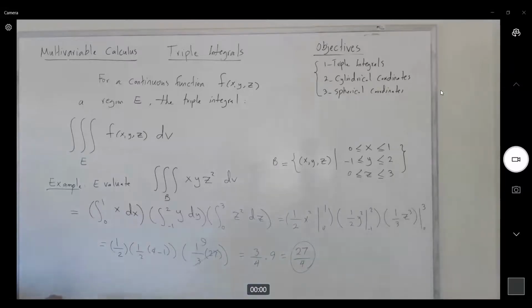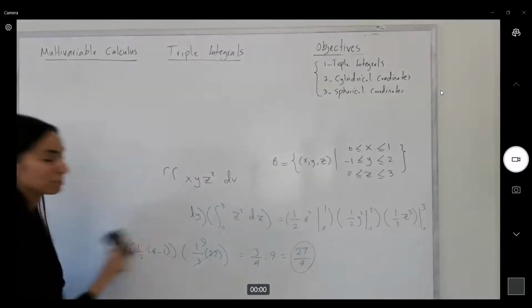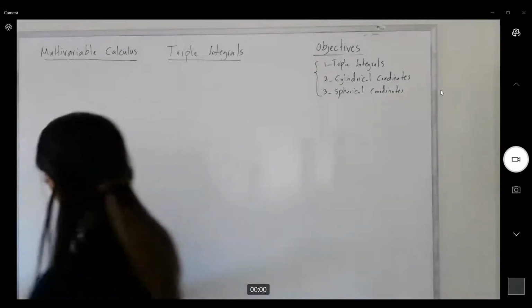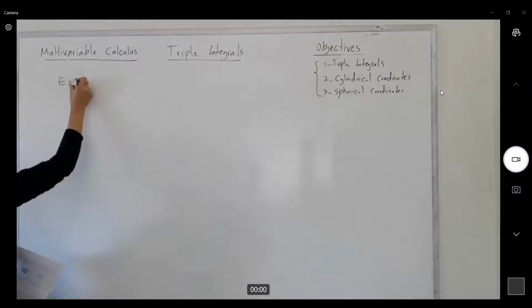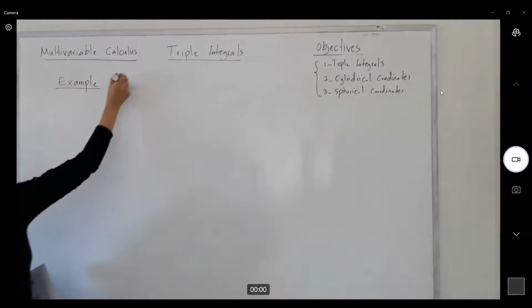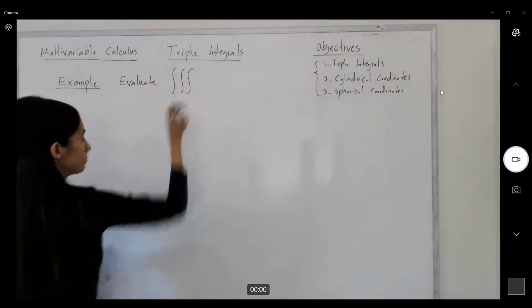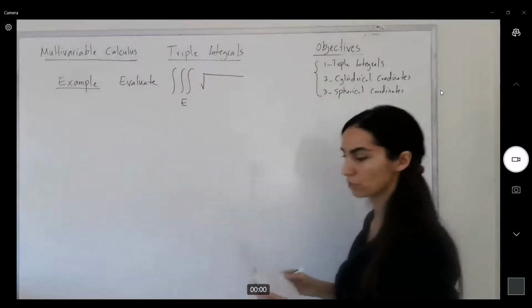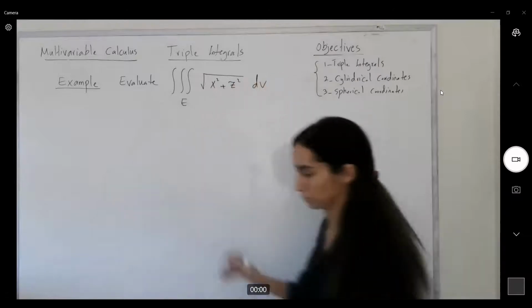Next example. Now let us make it more interesting. In this example, the question says evaluate the following integral. Evaluate the triple integral over region E of square root of x squared plus z squared dv.